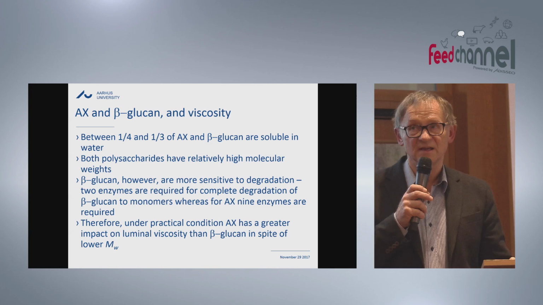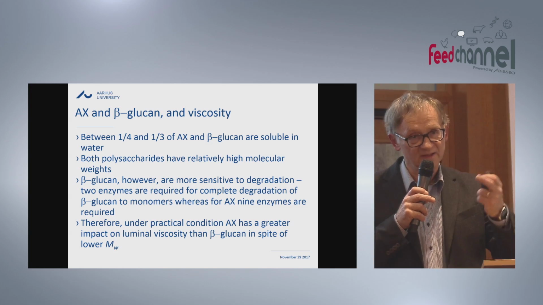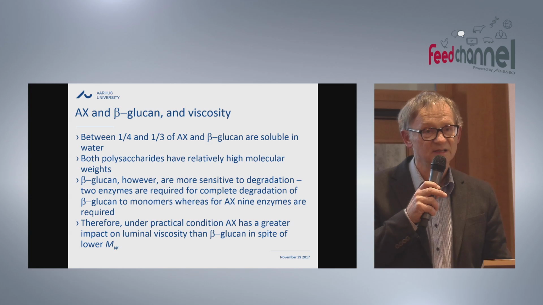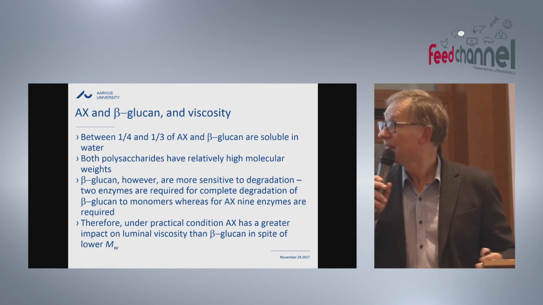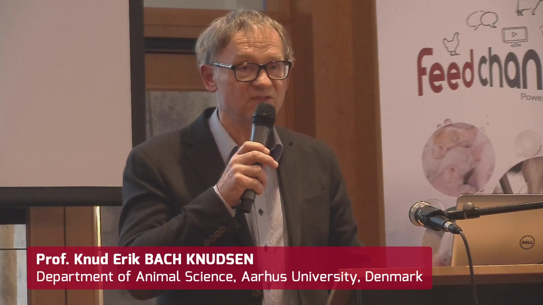Basically, beta-glucans are a bigger molecule than arabinoxylans, so in principle they should be able to influence the viscosity to a larger extent. But beta-glucans are also more sensitive to different factors, meaning that they are somewhat easier to degrade than arabinoxylans.